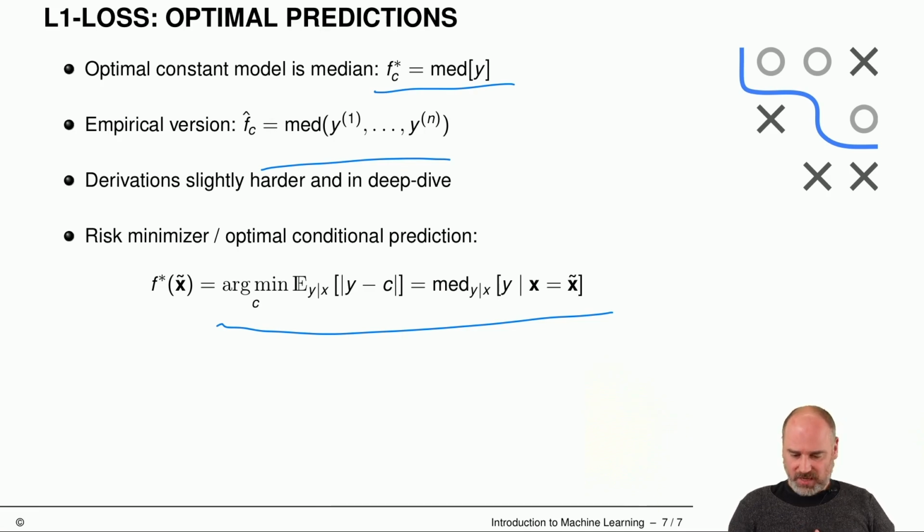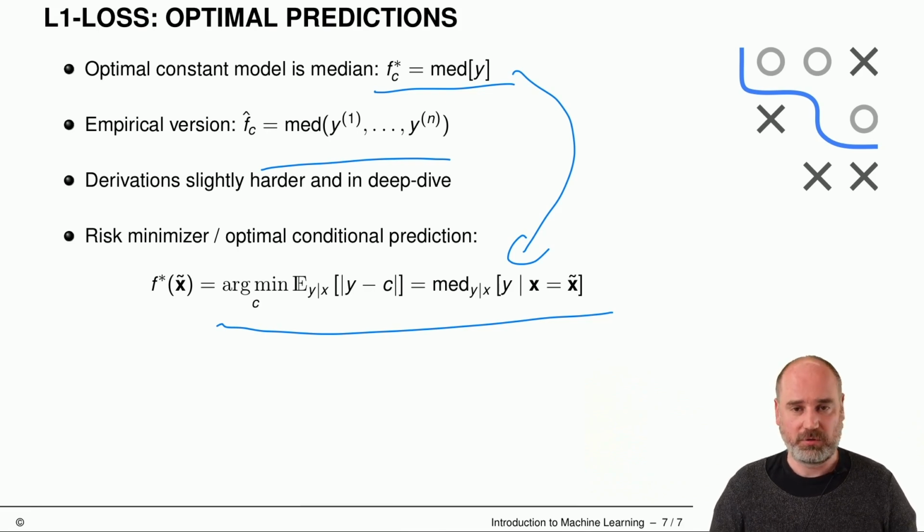That follows directly from that, because at every point x we have to solve the same problem pointwise. You get this optimal conditional M estimator at every point x. So note that the optimal risk minimizer under L1 loss is the conditional median and not the conditional mean as for L2 loss.